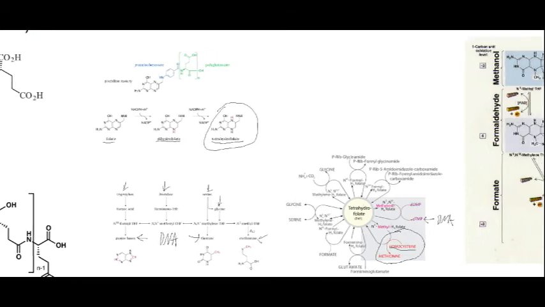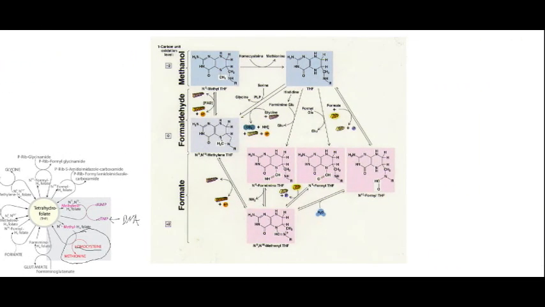So this just kind of shows the same thing, but in a little bit different of a way. And over here is kind of showing the same thing again, but I liked this one because it actually showed the structure. If we have this N5 methyl tetrahydrofolate, it actually has a methyl group right here. The N5,N10 methylene then has this nitrogen here actually bind to it, so we end up with that right there.